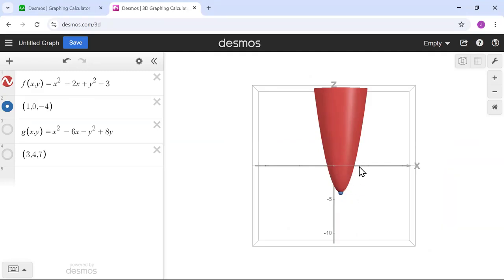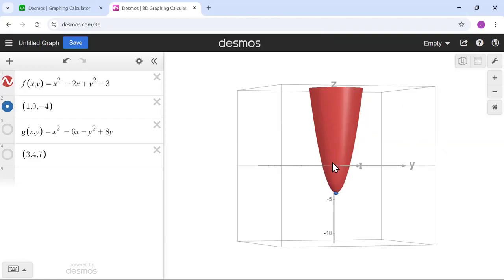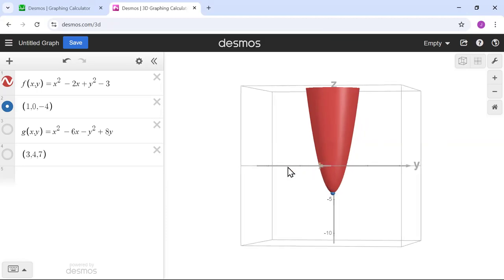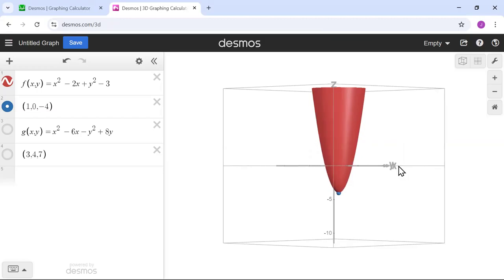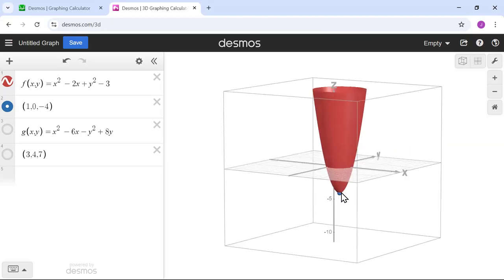So it's pointing up as we're orienting in the x direction. As we've oriented in the y direction, also we're concave up. So since we're concave up in the x direction and in the y direction, this is a relative minimum.